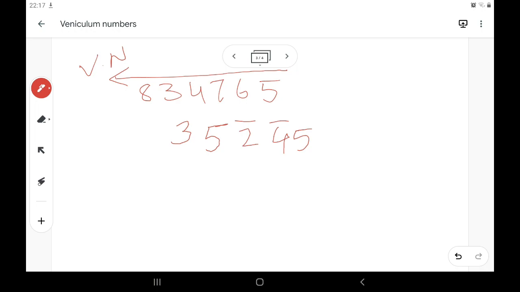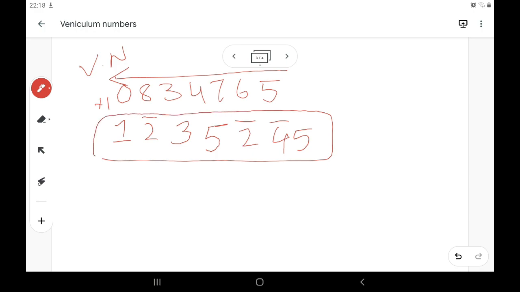Then you get 8, which is to the left of a digit that's less than 5, and you write its tens complement. And in the last, you have a 0 here, which is less than 5, and it's to the left of a digit that's greater than 5. So you increment it by 1. So you get 1, 2 bar, 3, 5, 2 bar, 4 bar, 5 as the Vinculum number of 0834765.